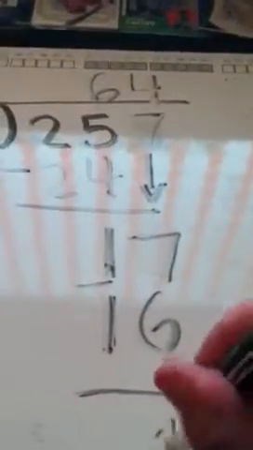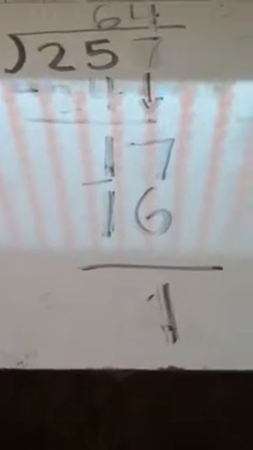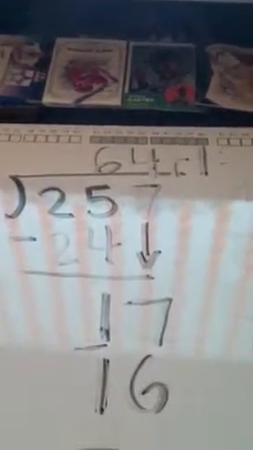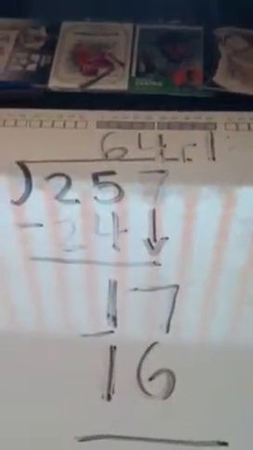Then I would have had 1 left over. And that happens with division problems, that you do get a remainder. They don't all work out evenly. If you do get a remainder, what you're going to do with it is take it up to the top, put a small lowercase letter r and then the number 1 next to it, and you're going to have 64 remainder 1.